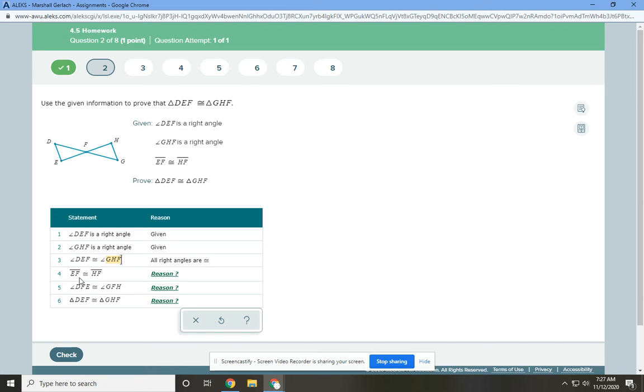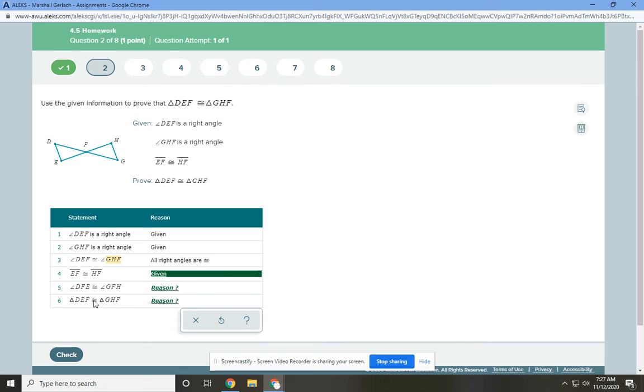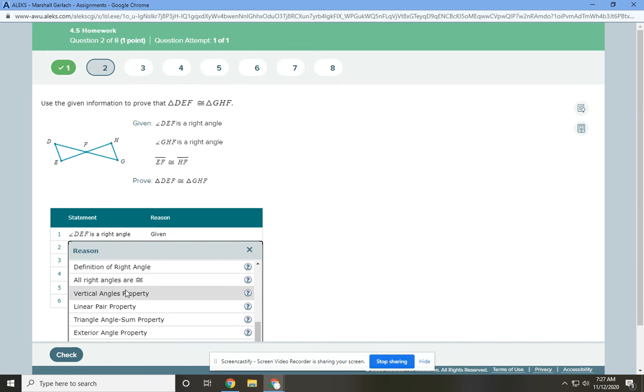Now we see that EF is congruent to HF. Why would that be? Because it's given to us right here. Now we say DFE, GFE. A lot of times if you don't know the reason, look at your picture. So this angle right here is going to be congruent to this angle right here. And if you notice, they're across from each other, which means they are vertical angles.